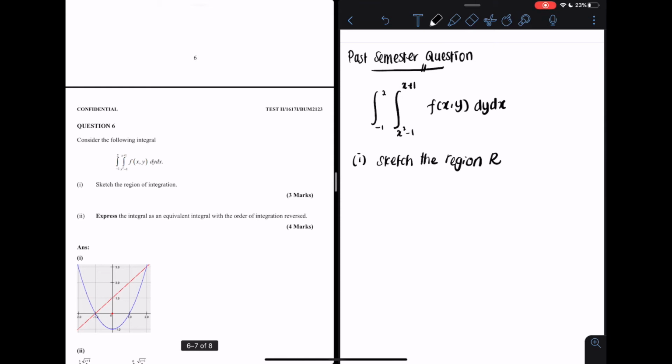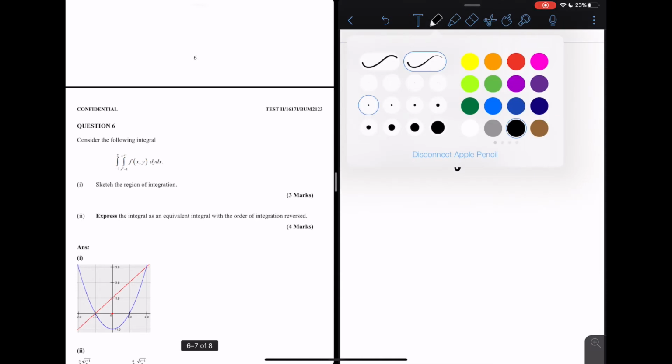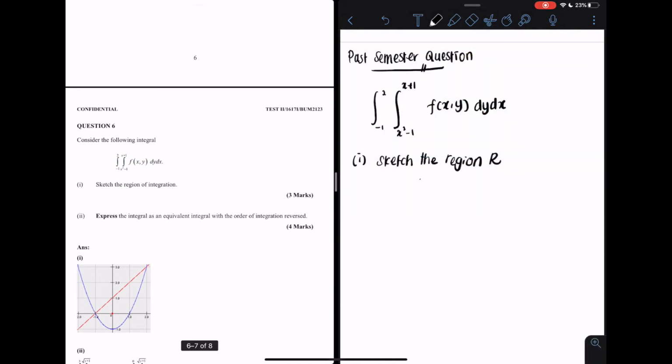Okay, so right now what should I do? I have to be certain about the question given to me, which has been written in type 1 integral. So always remember, your region R should always be sketched on the y versus x axis.